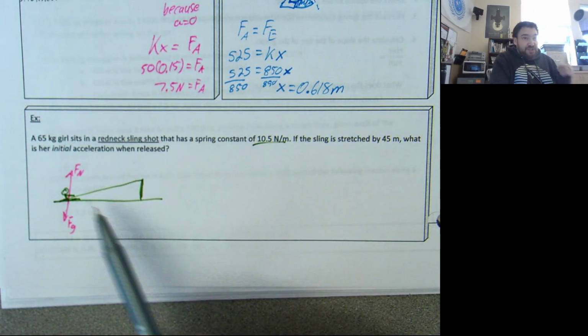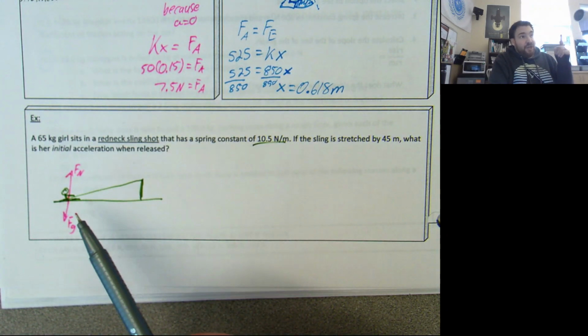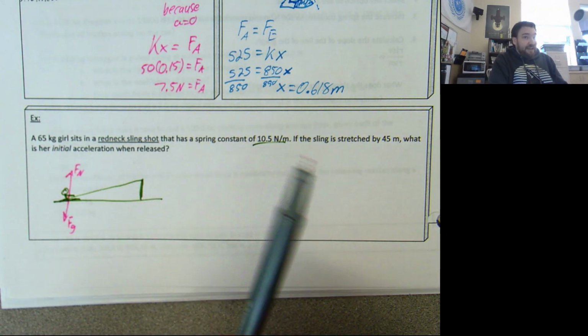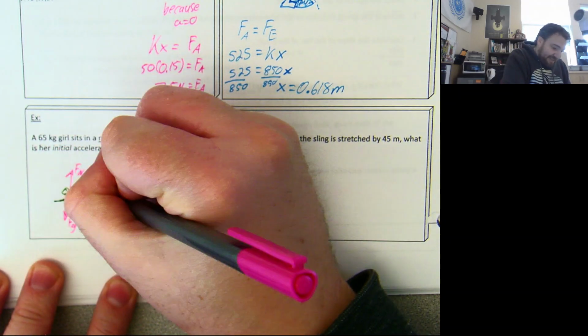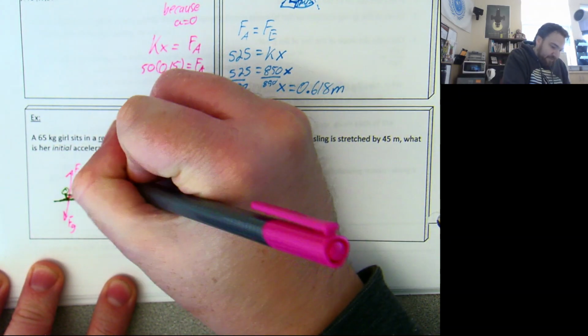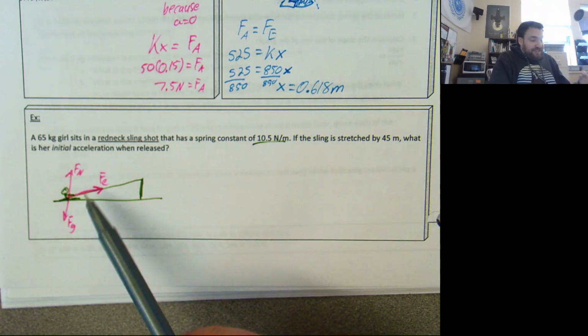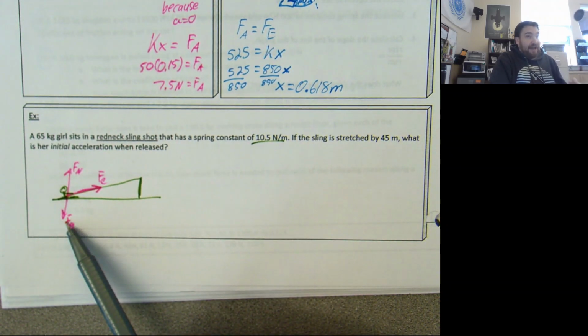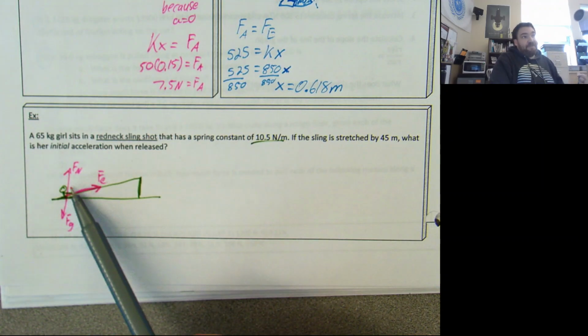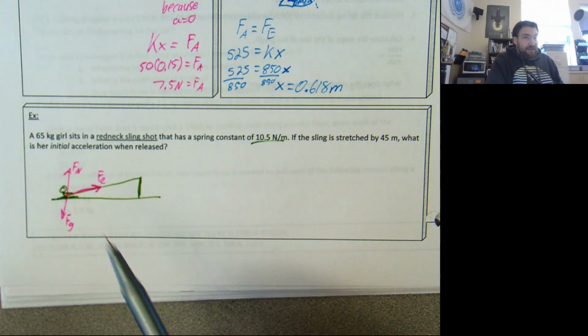And at the moment she's released, the only other force acting on her is the elastic force along that path. So at that instant, there is still a normal force, there is still gravity. They are equal, they are opposite, and they are not in the direction she's accelerating in.